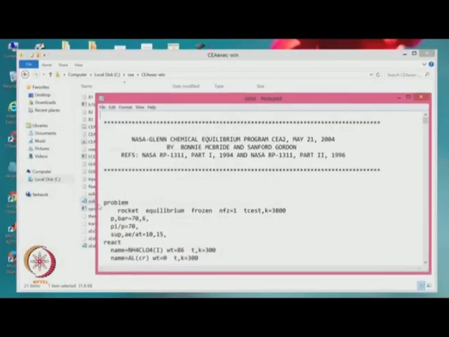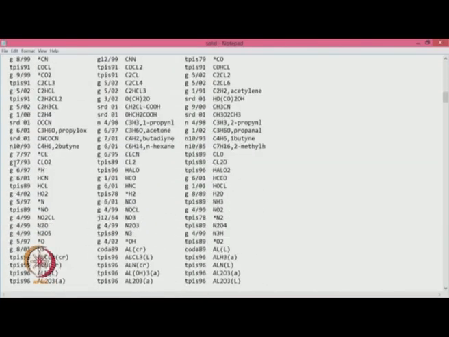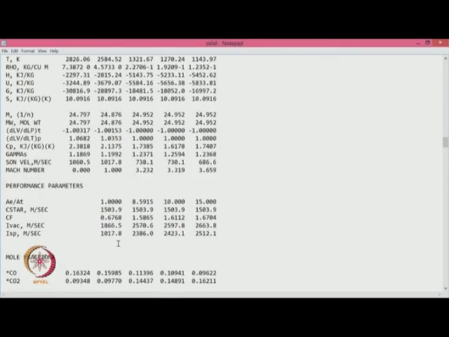Then if you run it, the ISP is reduced because the aluminum content is not there.